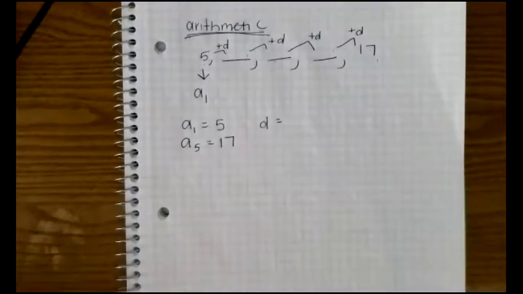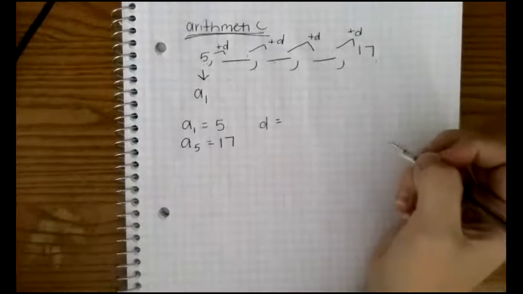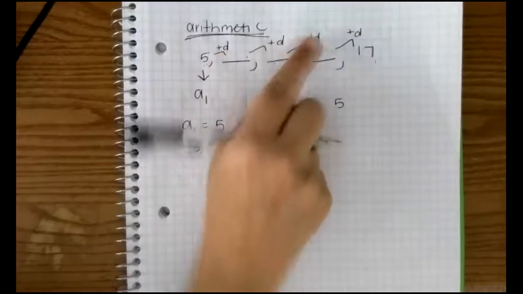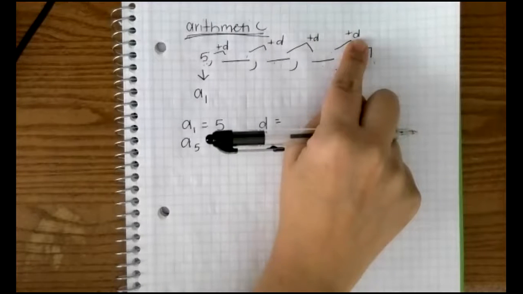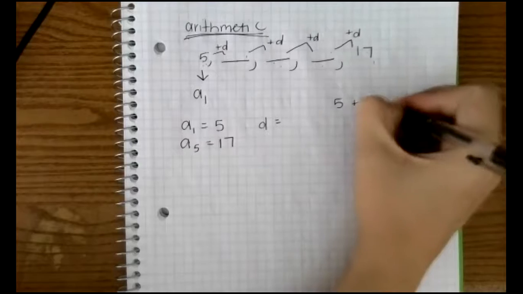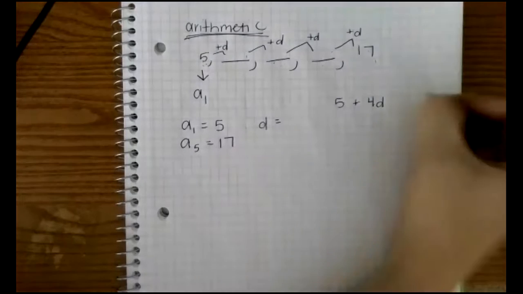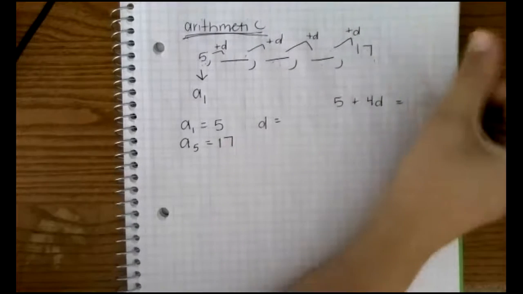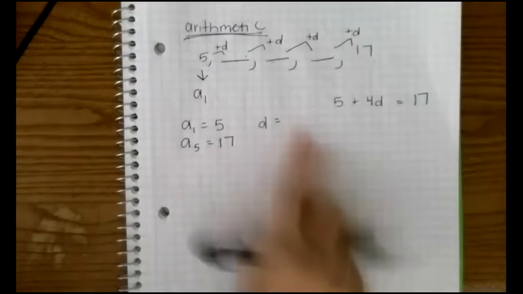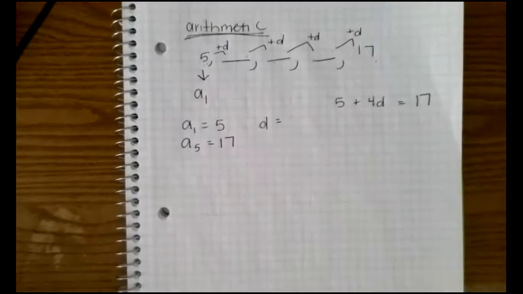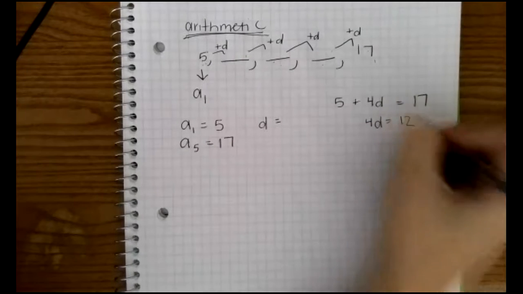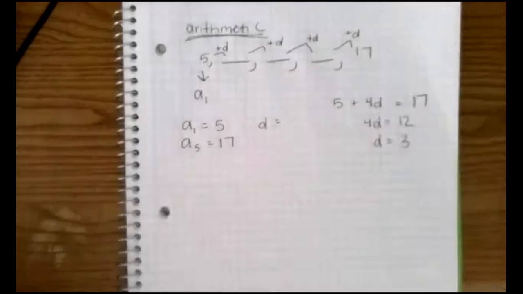So what we've got here is we started at 5, and we added 1, 2, 3, 4 common differences. So 5 plus 4 common differences needs to get me to 17. You can set up a small equation and solve for your common difference. So we would see, okay, 4D is 12, so my common difference is 3.